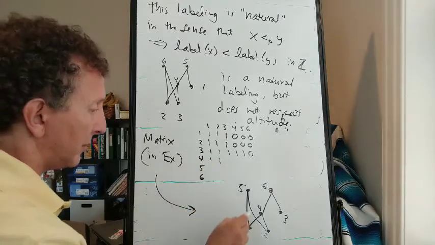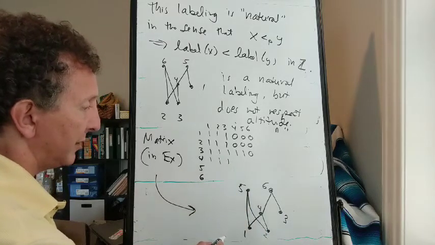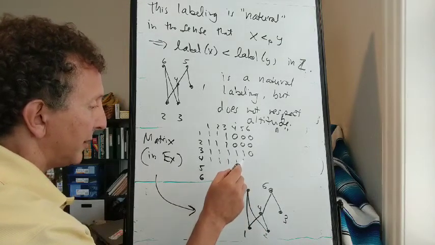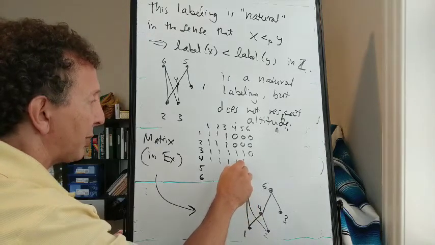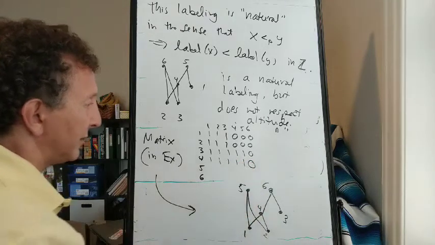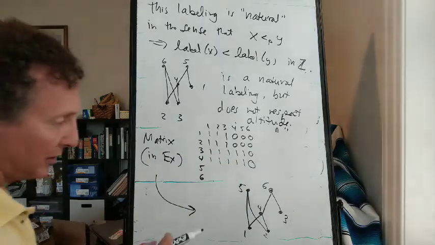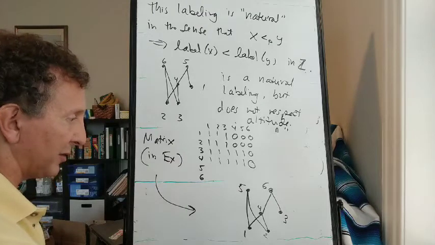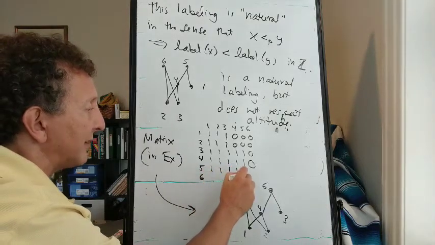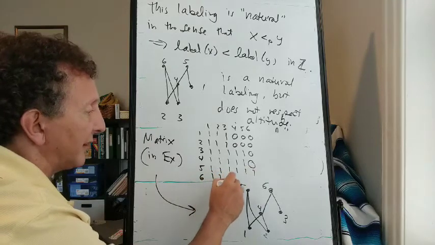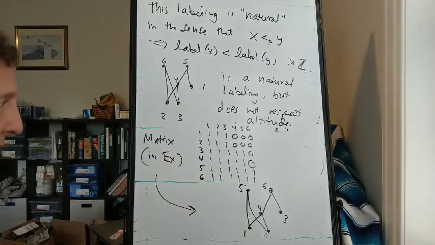Incomparable to 3, equal to itself, and comparable to 5, less than 6. So we have 0 for less and 1 for anything else, either equal, greater than, or incomparable to. So 5 is not less than anything, and 6 is not less than anything. So this is the matrix we get.